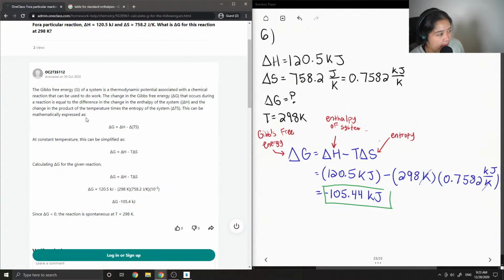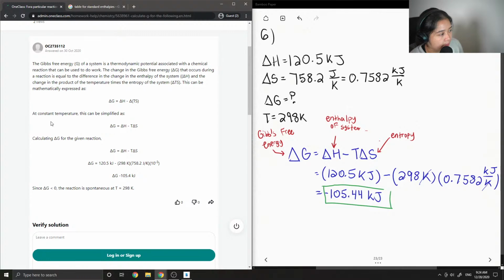Okay, so this can mathematically be expressed as the following. At constant temperature, this can be simplified. So calculating delta G for the reaction, delta G is equal to delta H minus T times delta S.